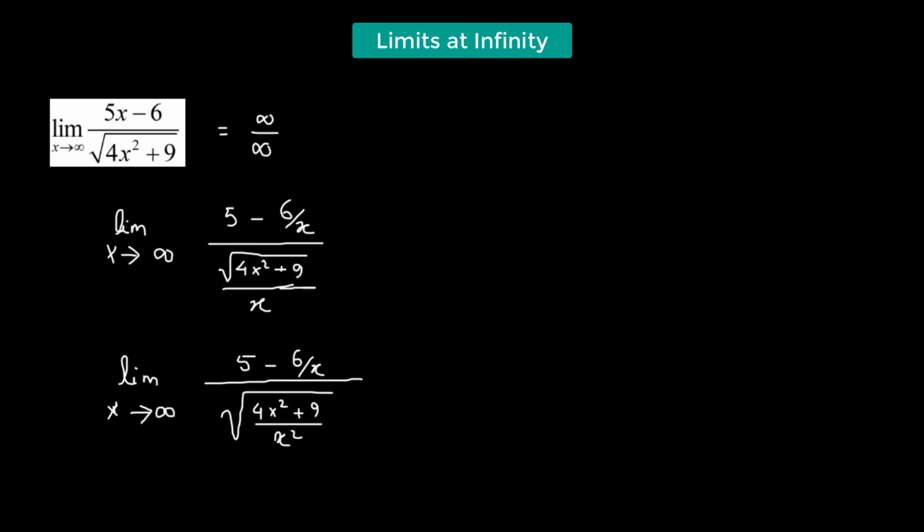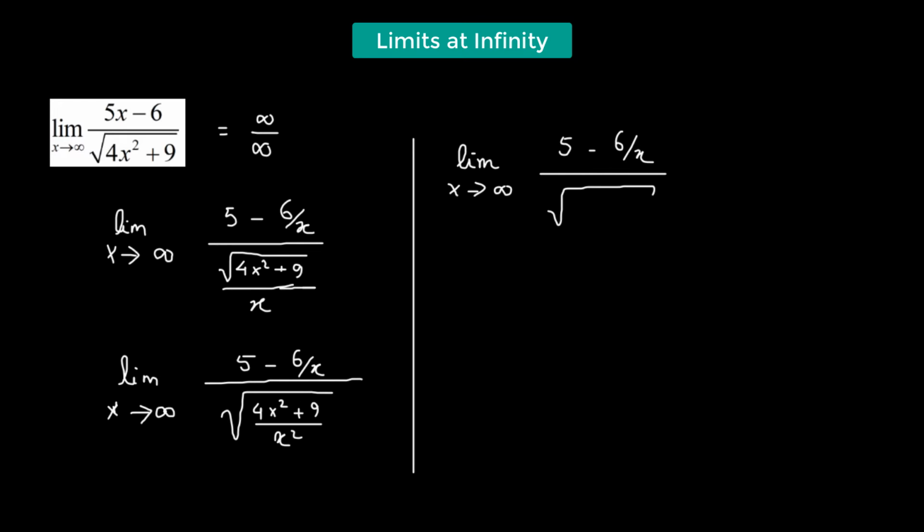So now we can further do a reduction. So that will become the limit as x approaches infinity. We have 5 minus 6 over x in the numerator divided by the square root of, so 4x squared over x squared will give us 4 plus 9 over x squared. Now we're going to substitute the value of x.